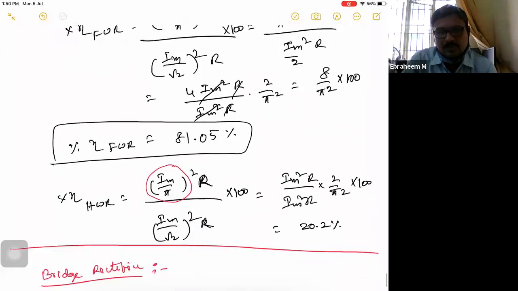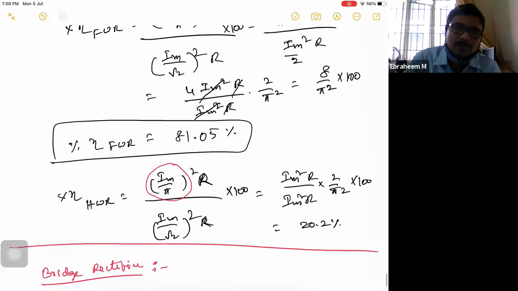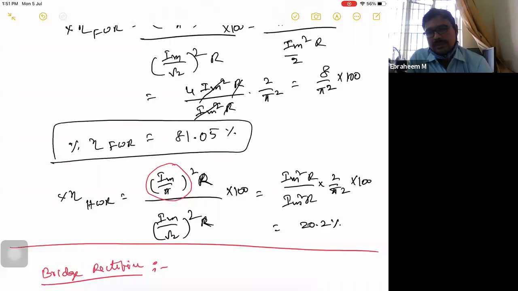A filter smoothens out the ripples in the output voltage waveform, filtering out the unwanted ups and downs. Generally we use a capacitor as a filter, which won't allow sudden change in the voltage. That we will see in the coming classes.